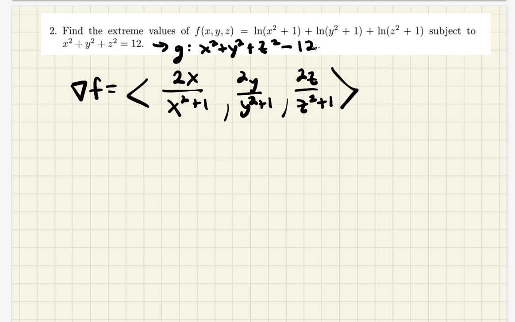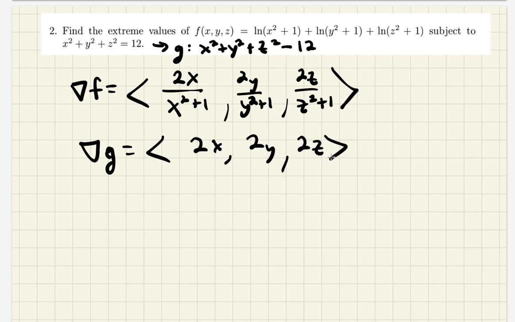So x squared plus y squared plus z squared minus 12. The gradient of that is going to be just 2x, 2y, and 2z. Lagrange multiplier method says that the gradient of f must be equal to lambda times the gradient of g.